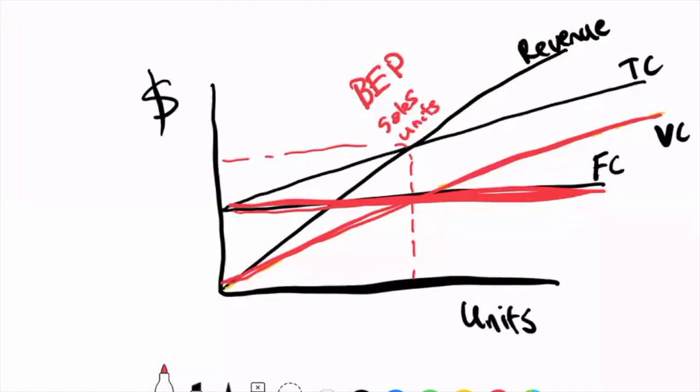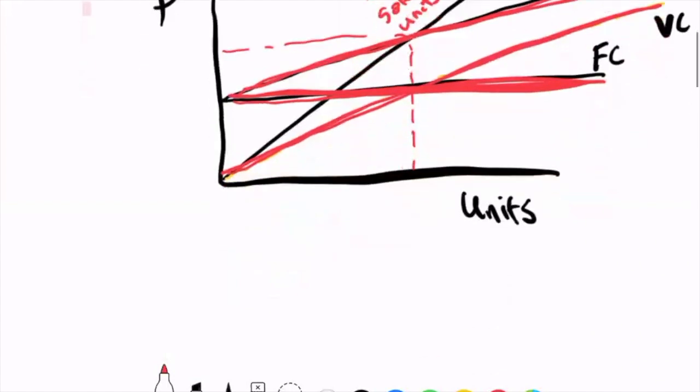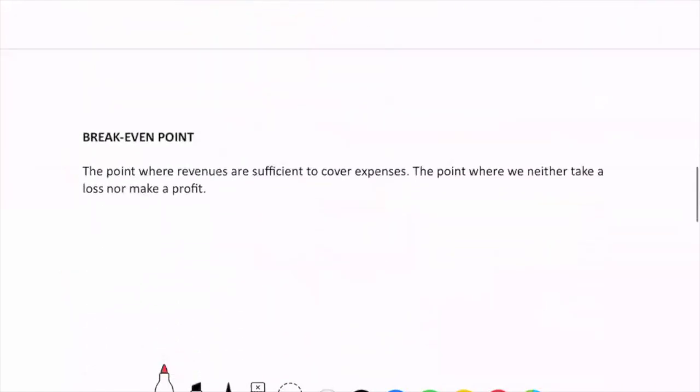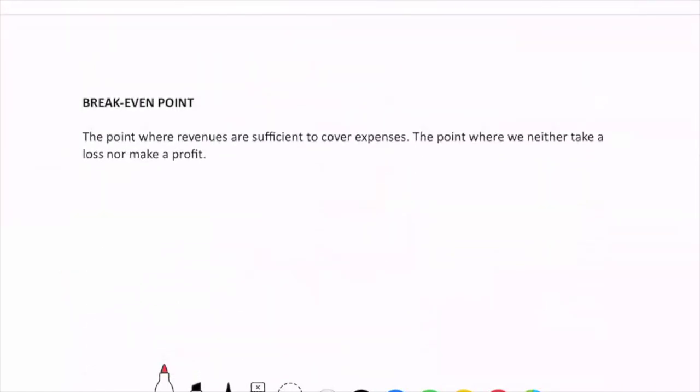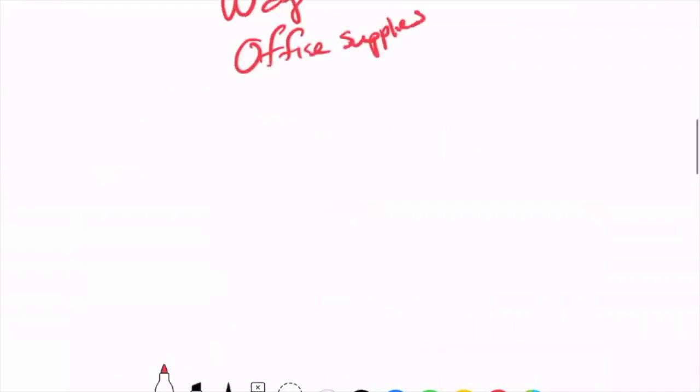And all those add up together to be our total cost. So the break-even point is the point where revenues are sufficient to cover expenses, the point where we neither take a loss nor a profit.